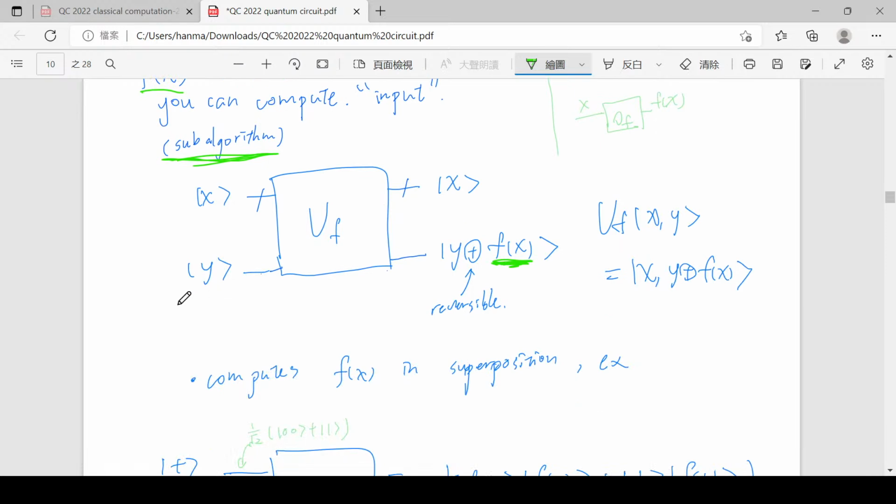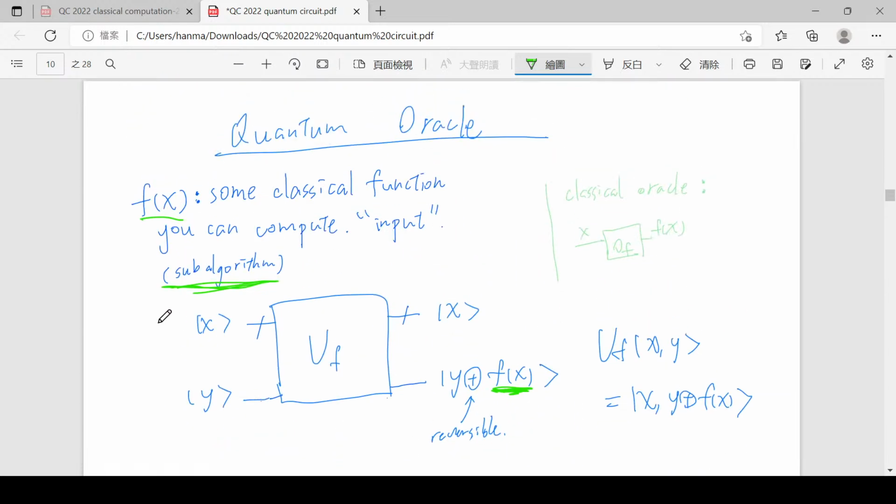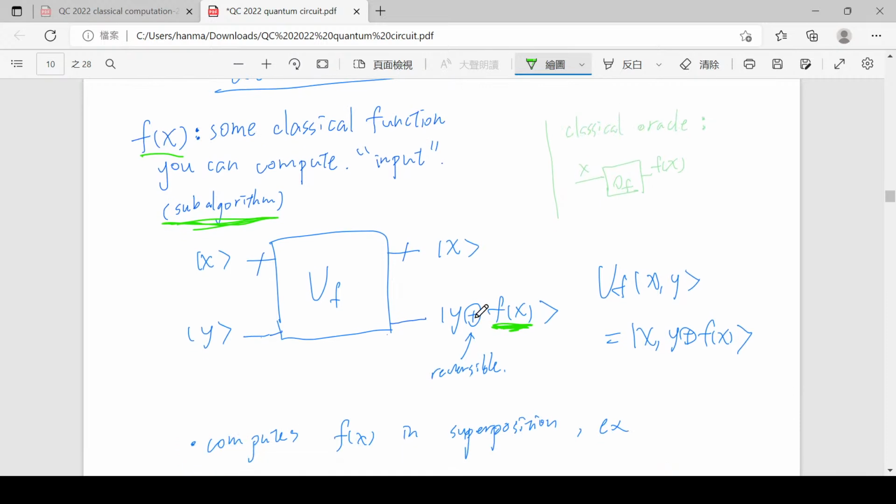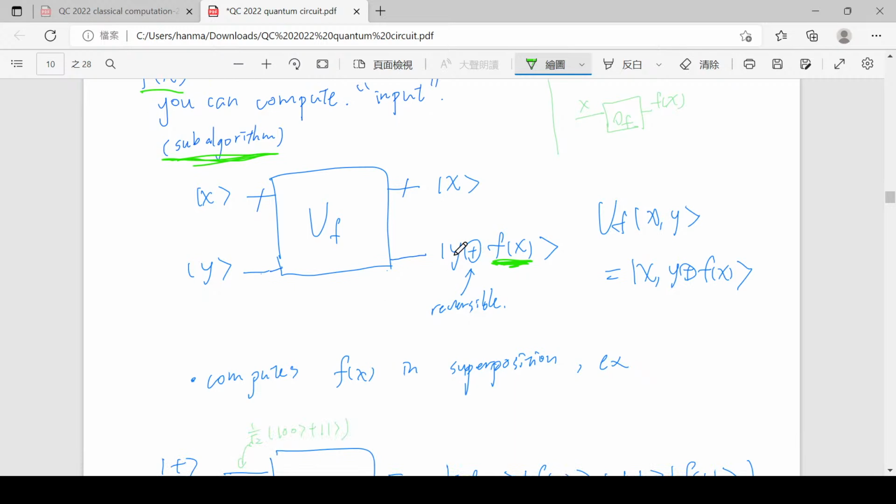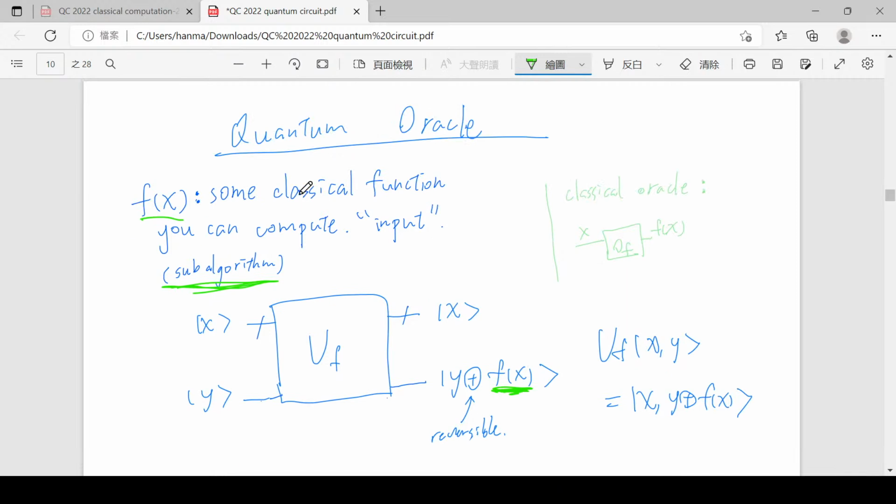Okay, and here we are being a little fuzzy, but let's say f of x is a 1-bit output, so this ⊕ is just addition mod 2. The important thing is we do this ⊕ mod 2, so it has this weird form of output being x and y ⊕ f of x, because U_f must be reversible. Right? It needs to be a unitary. Let's compare this to a classical oracle.